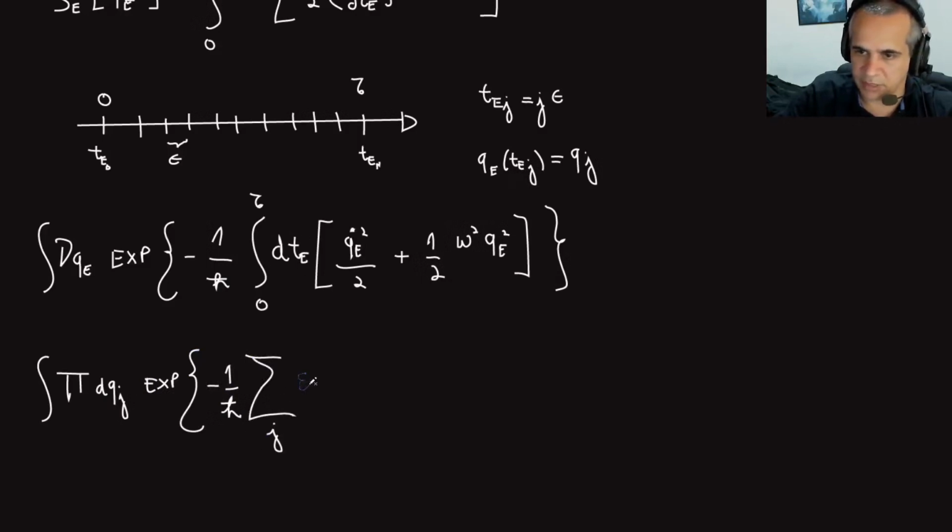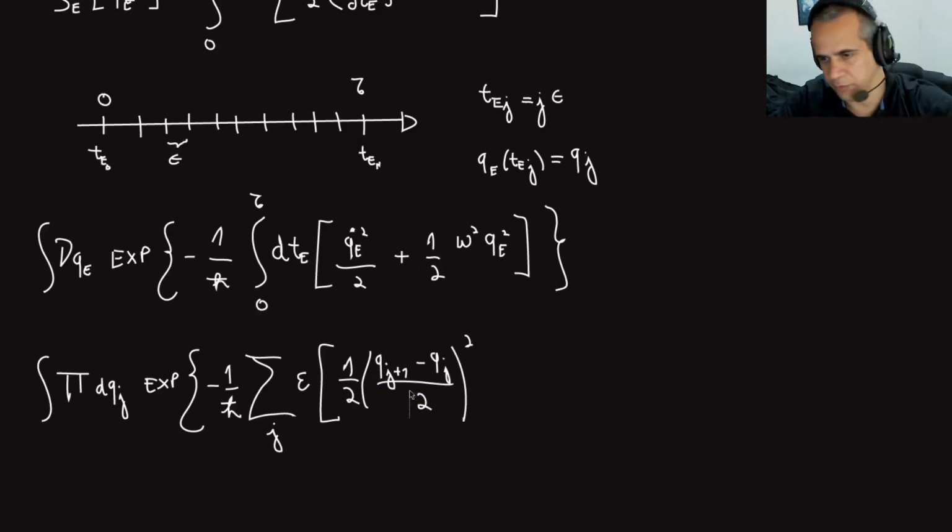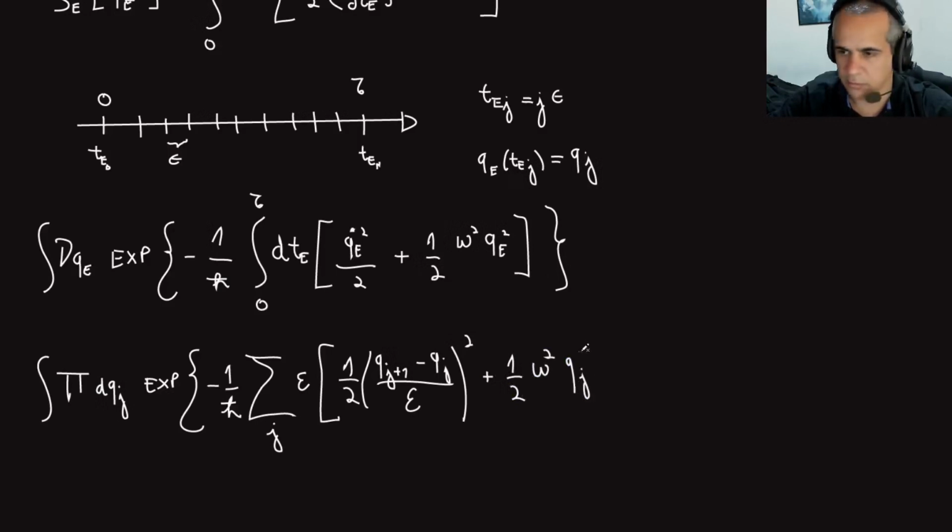This integral becomes epsilon, and in here we have half of (q_{j+1} minus q_j) squared over epsilon squared, this is the derivative, plus half omega squared q_j squared.